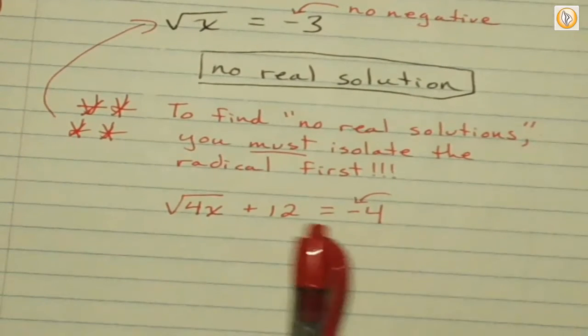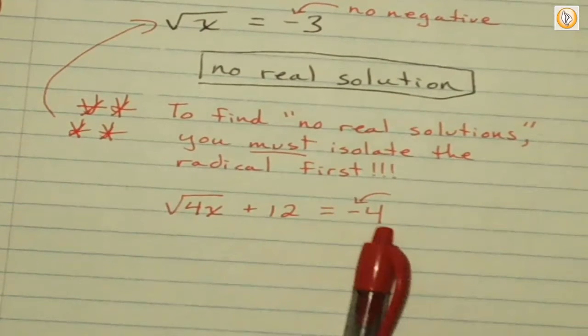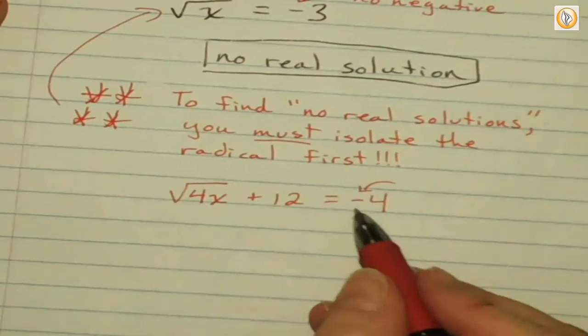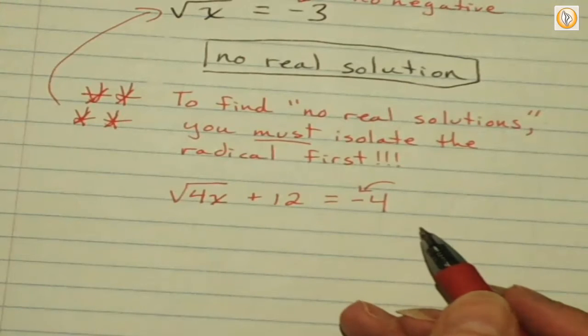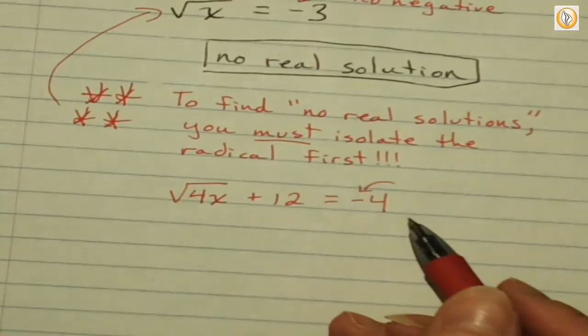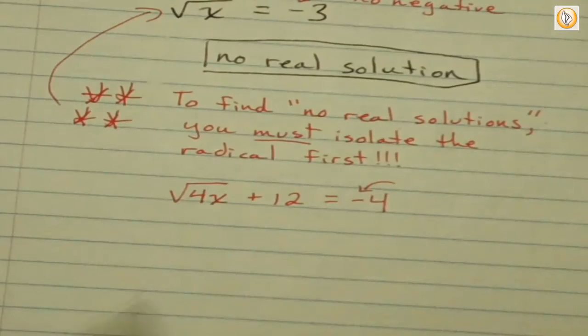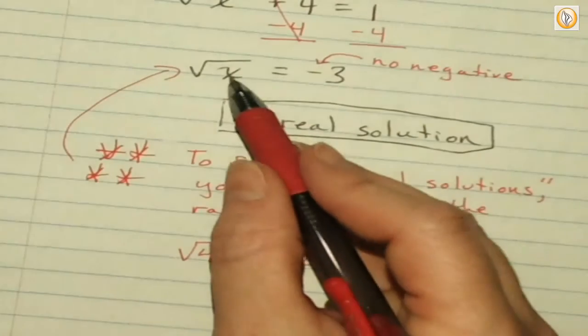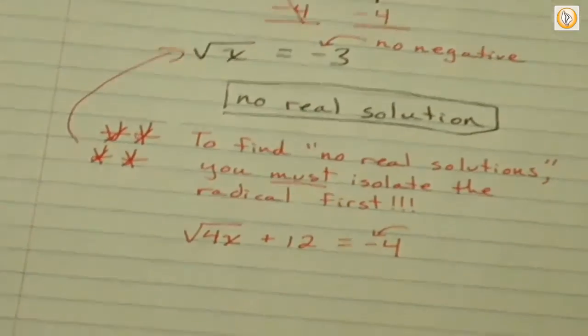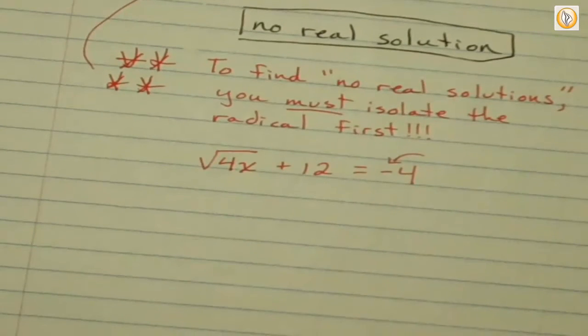So you must solve first, because it might end up having a solution based on all your work. Okay, so solve, isolate the radical first.